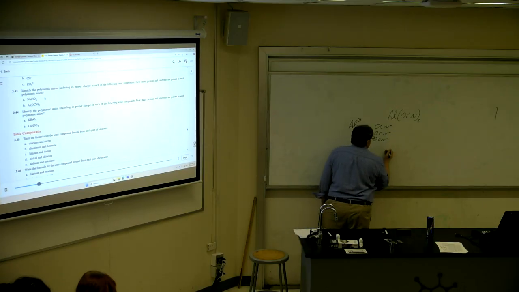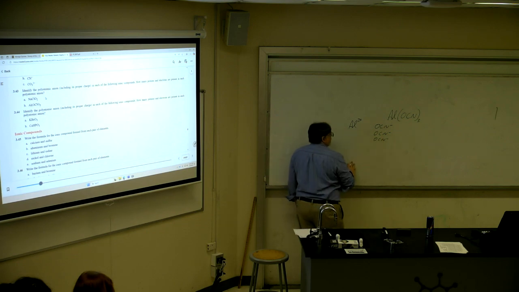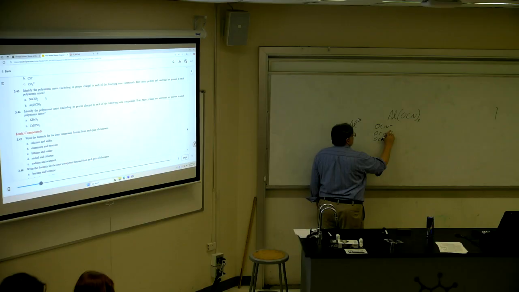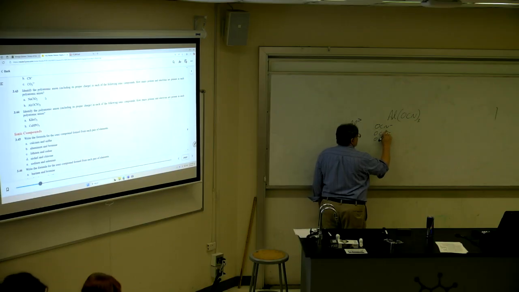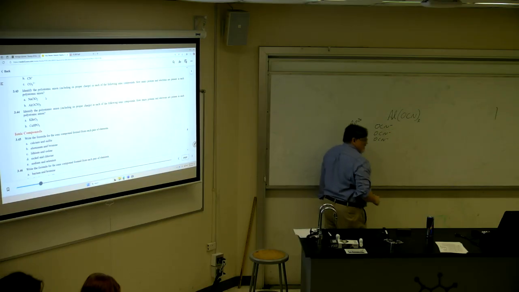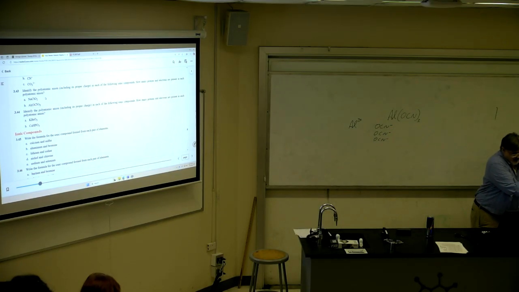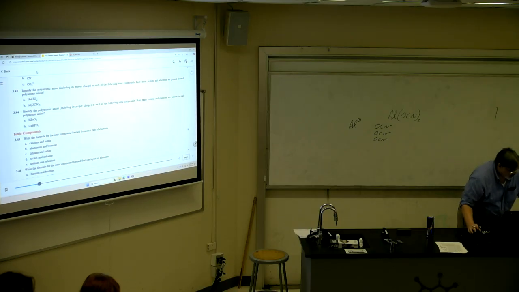If there's 3 of these, what's the charge on each one? -1. They together add up to -3 because there's 3 of them. So here, the polyatomic ion is OCN. I guess that's cyanate, and the charge is -1.